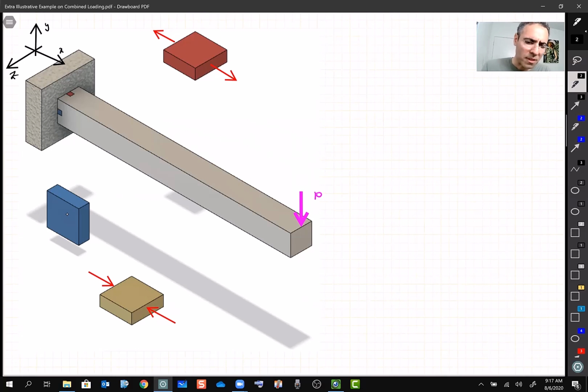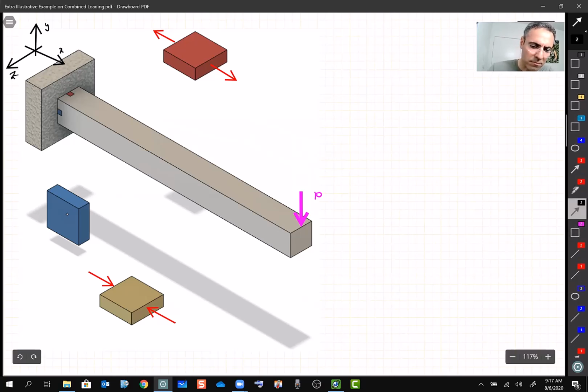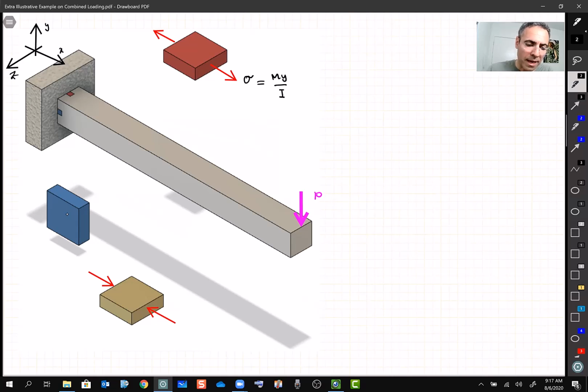What we are going to have, let's say for point A, is a sigma, which is My divided by I. Remember, this was under bending, right? And I have to put the Y for point A, basically.